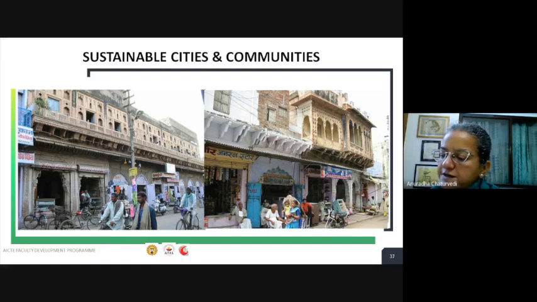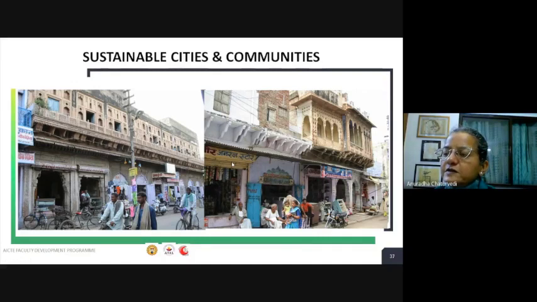Then, as far as SDG 11 is concerned, another target relates to universal access to safe, inclusive, and accessible green and public spaces, in particular for women and children, older persons. So, our historic city centers are usually characterized by a very interesting network of open spaces which need to be integrated into the planning framework.